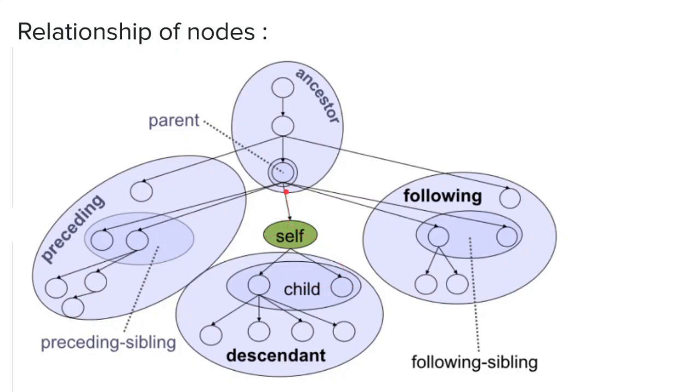Immediate top is the parent node, because we have considered this node as a self node, and the nodes descending from this self node are basically child nodes. Immediate descendants are basically child nodes.